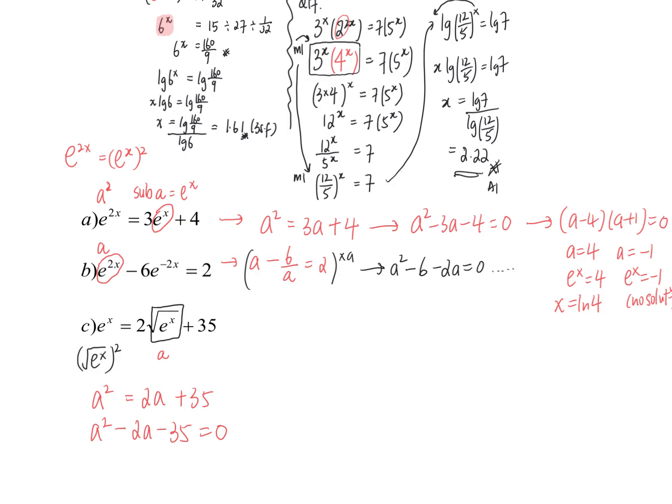Yes. How does the negative 6e to the minus 2x become negative 6 over A squared? This one? This is the same as this. So I replaced that with A. Negative power when you bring down becomes positive.